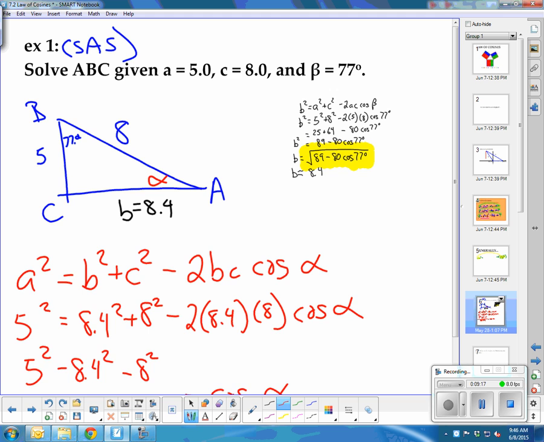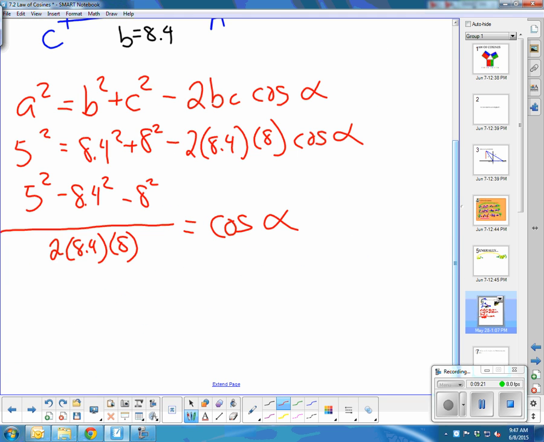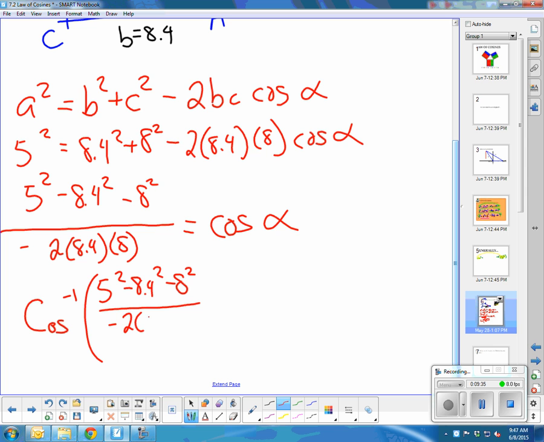So now I could use my inverse cosine function. So the inverse cosine of 5 squared minus 8.4 squared minus 8 squared all over, oh, I need a negative in front of there, negative 2 times 8.4 times 8 is going to give me the alpha that I'm looking for.